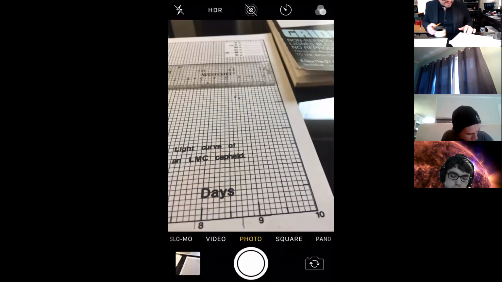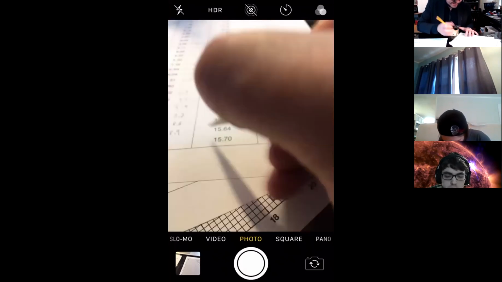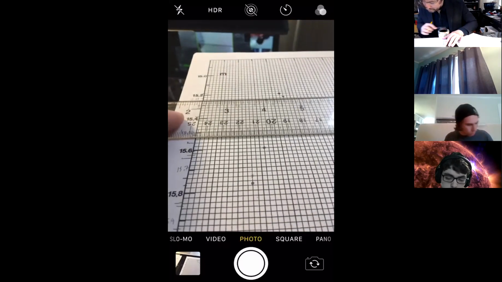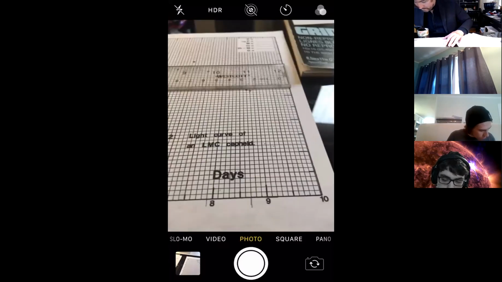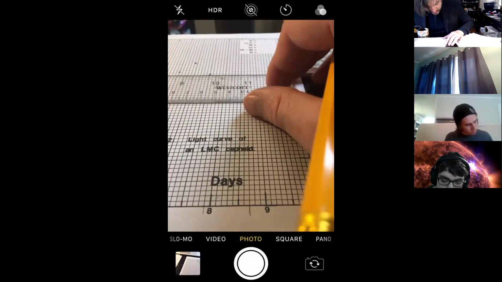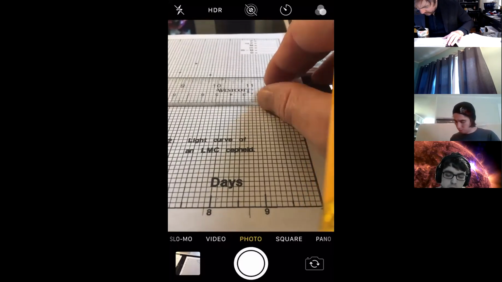I think that's right. 8.9 and 15.64. 15.64 is here. And that was at 8.9. Sorry, 15.64 is here.